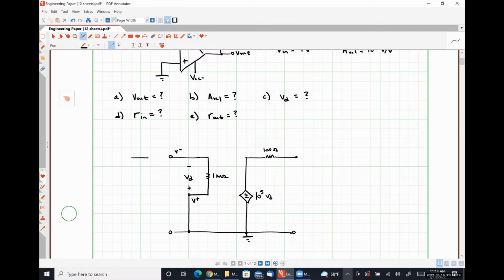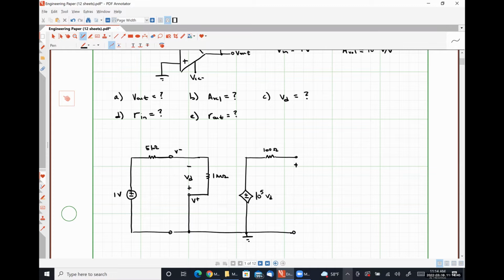So that's going to look like a 5 kilo ohm resistor here, and then a 1 volt source here. I think the only thing I'm missing now is to label my output voltage and apply my feedback.